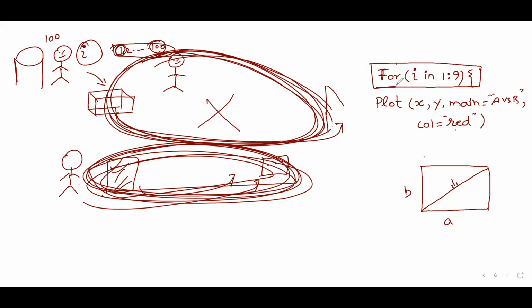That's it. So before running my main code, this was my main code. Before running the main code, I give a line, a for loop: for I in 1 to 9.